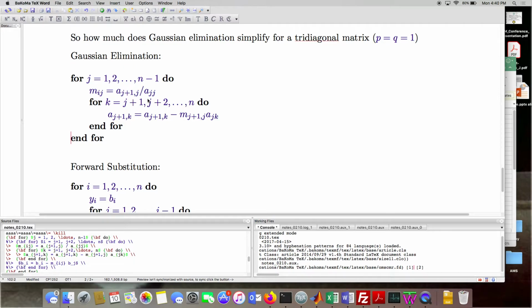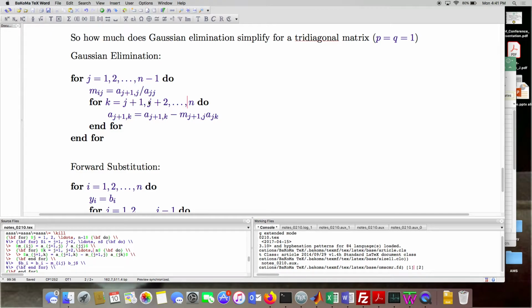So one loop has been done away with. Now, here we do the row operation, and here we're working with columns J plus 1 to the end in a general case.